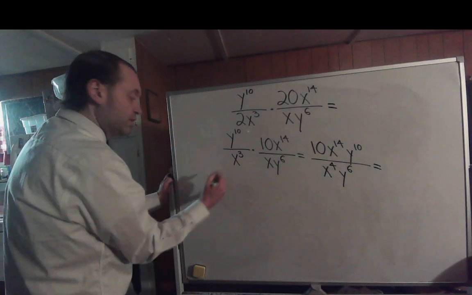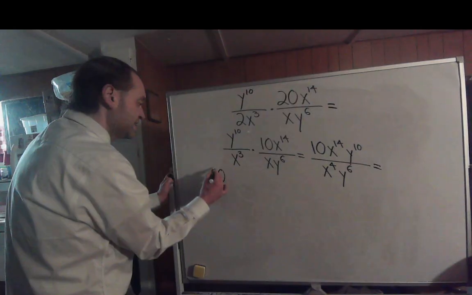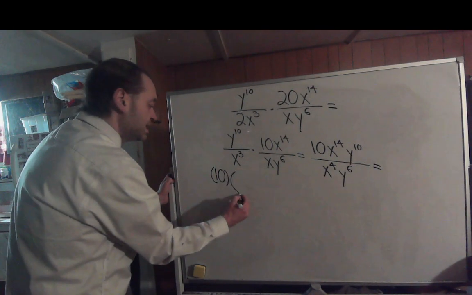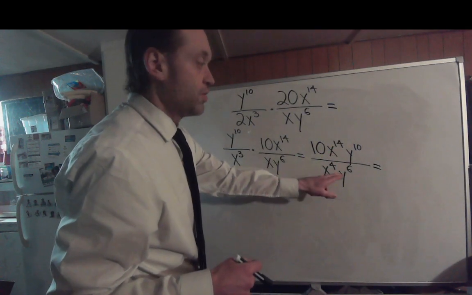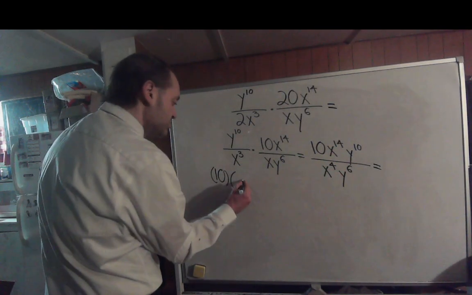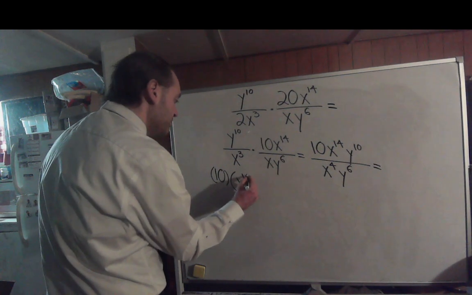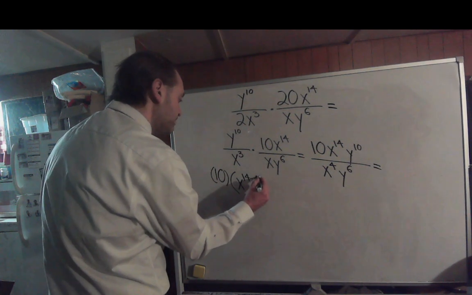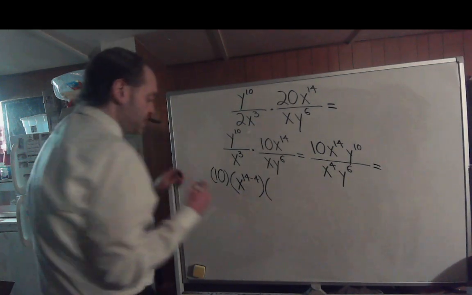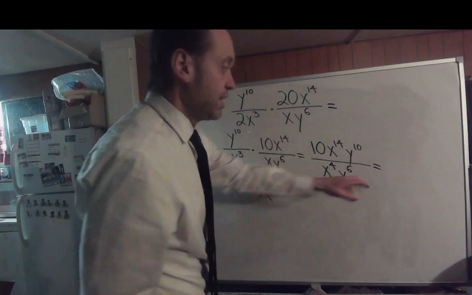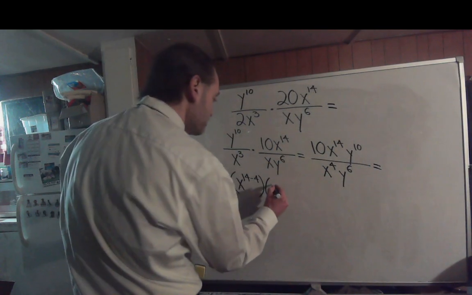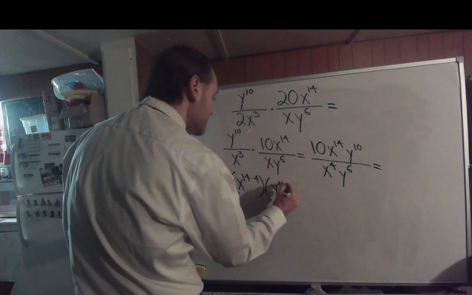Well, let's split this into 3 parts again. You have your numerical base of 10, so you'll just take 10 times, now for your x base, the power in the numerator is greater than that of the denominator. So this will be x to the 14 minus 4 times, now let's deal with your y base. Again, the power in the numerator is greater than that of the denominator, so this will be y to the 10 minus 6.